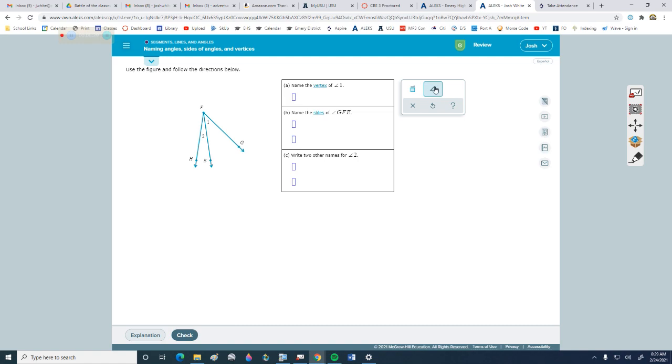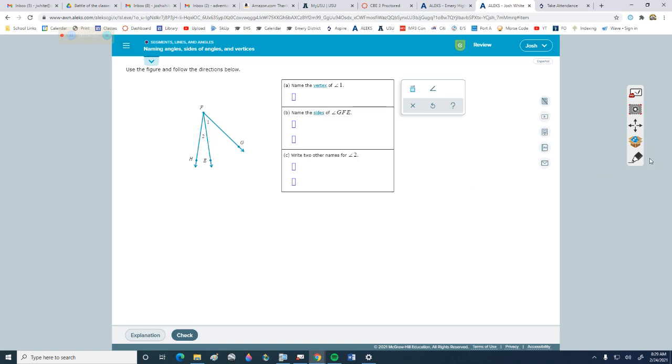So we use the angle symbol, and this angle's name would be HFE, or we could name it EFH, but we cannot call it FHE. The vertex has to be in the middle. So EFH. If there's a number inside of it, we could call it angle 1 or angle 2.